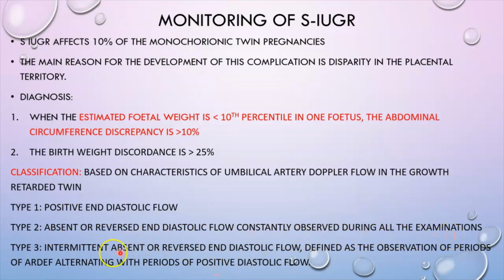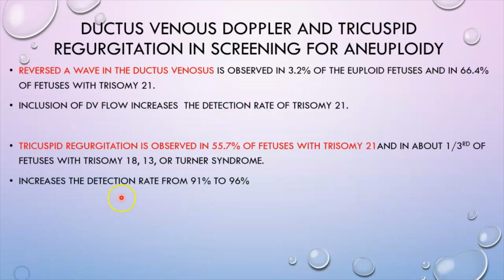And in type 3, there is intermittent absent or reversed flow, which is defined as the observation of periods of absent or reversed flow alternating with periods of positive diastolic flow. So the prognosis in type 2 and type 3 is poor as compared to that in type 1 S-IUGR.